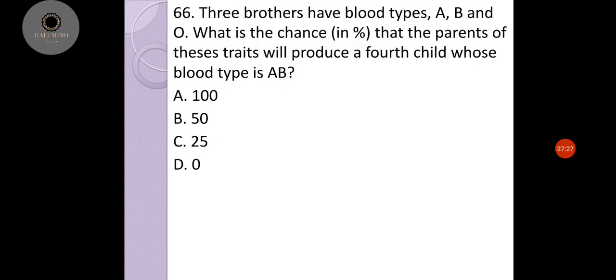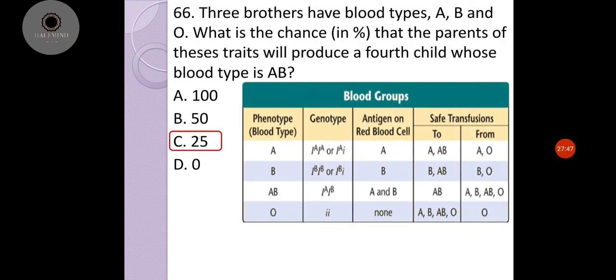So in our question here, mayroon silang tatlong anak na mayroong iba't ibang blood types A, B, and O. So that means mayroon din silang 25% na magkakaroon sila ng anak na type AB.